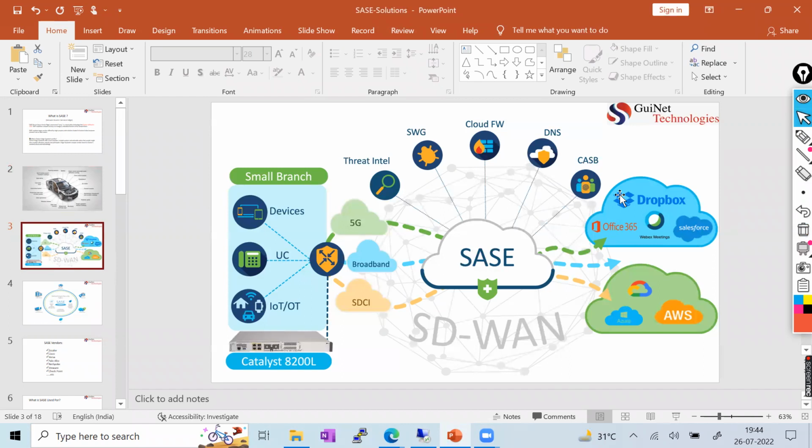Similarly, if I combine all the network segments, which each do different work in their own field, and they all come together, that becomes a SASE. I hope that's all clear. SASE is just a concept, and it is just a collection of multiple network features, security features, and cloud features, and then it becomes a SASE.